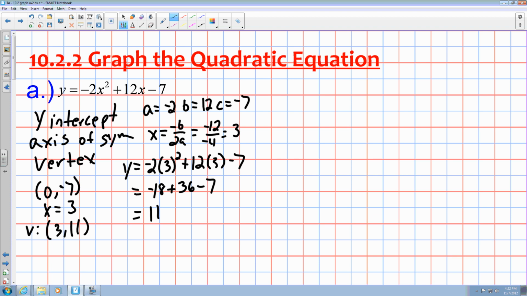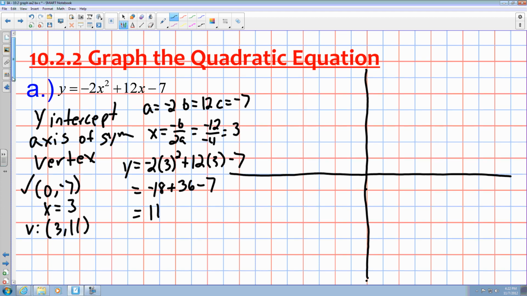So if I were to graph this, I am making an xy plane at the moment. First thing I'm going to do is find my y-intercept. So it's at 0 comma negative 7, so 1, 2, 3, 4, 5, 6, 7. I'm going to move my graph a little bit down.